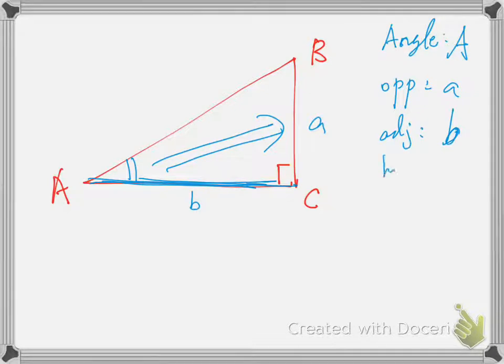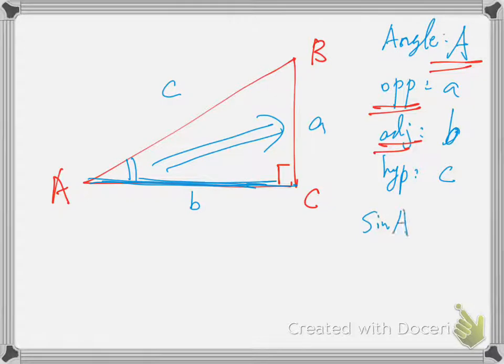And hypotenuse never changes. Hypotenuse is the opposite of angle C, the right angle, so hypotenuse is c. When we define the trig values, we need the opposite and adjacent sides of angle A. So now what is sine A and cosine A?